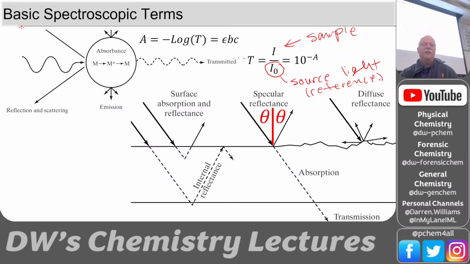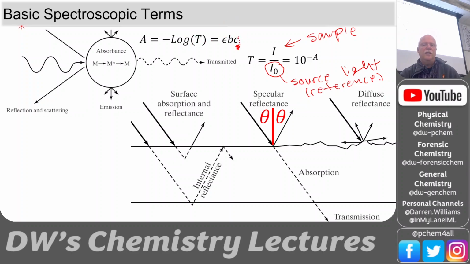And that ratio tells us transmittance. And that is equal to 10 to the minus absorbance. And so it's the absorbance term that's proportional to concentration. I'd really like everybody to commit that to memory.